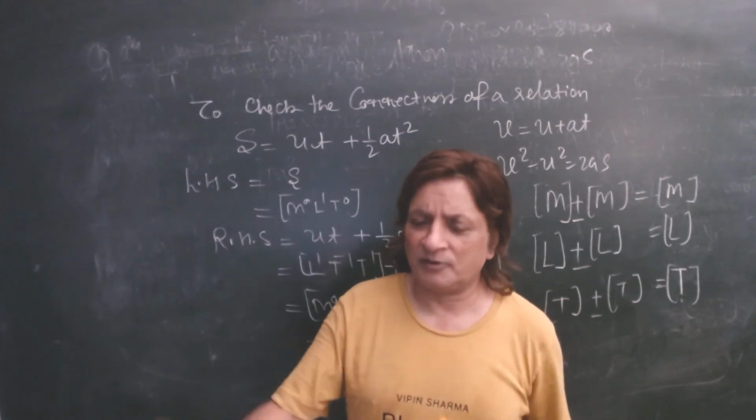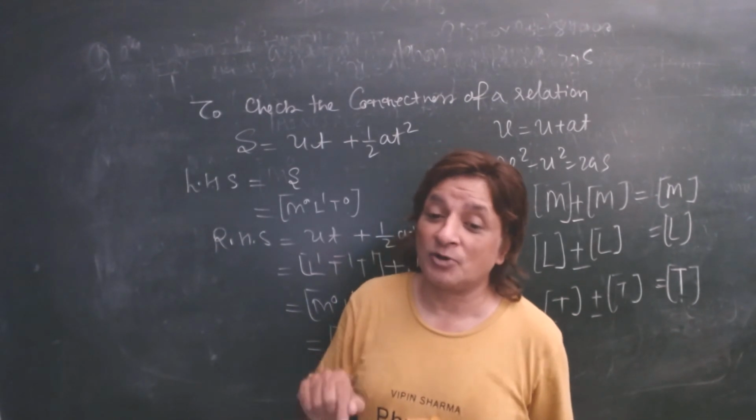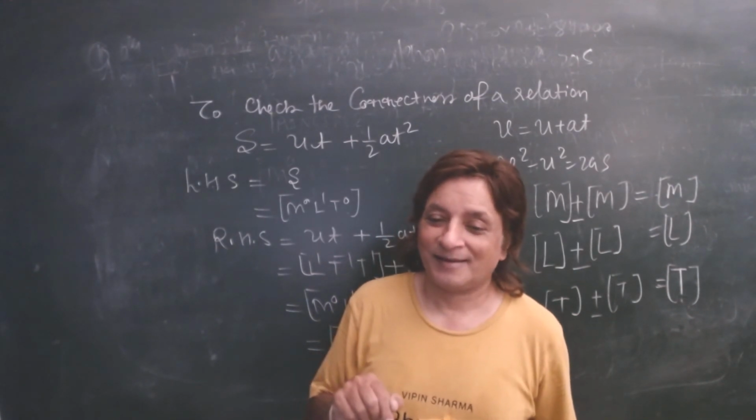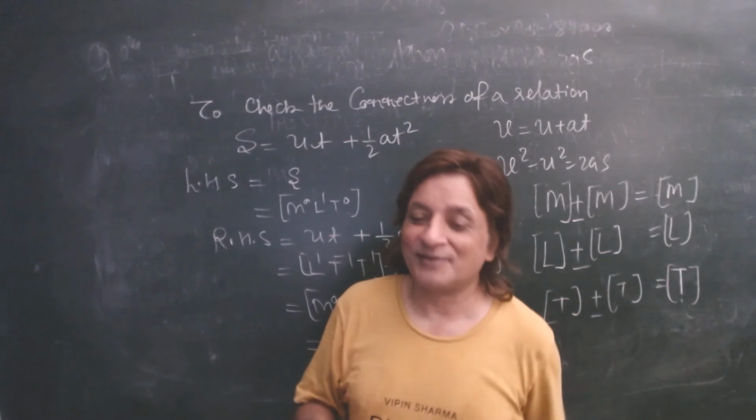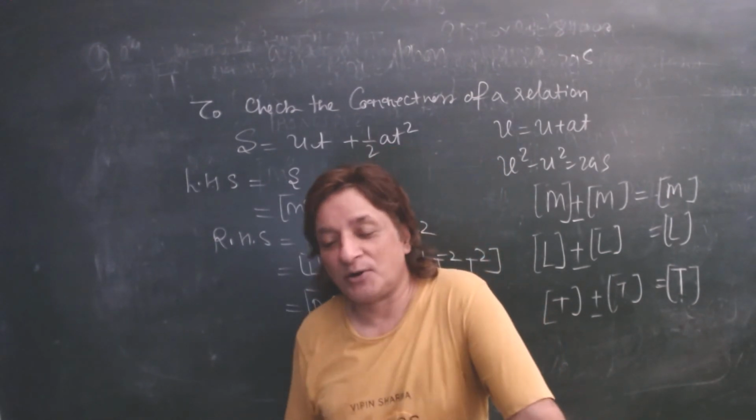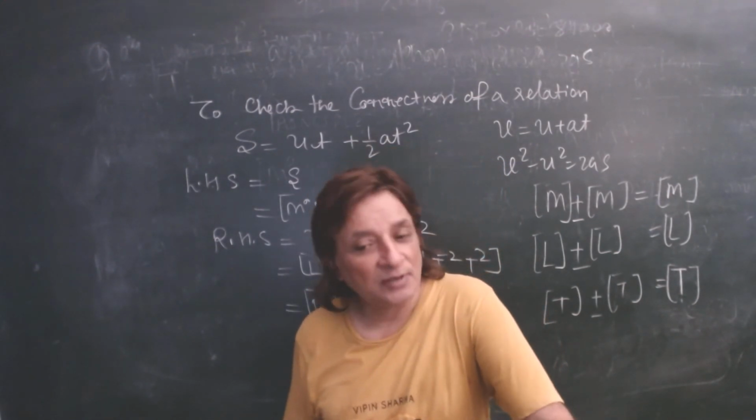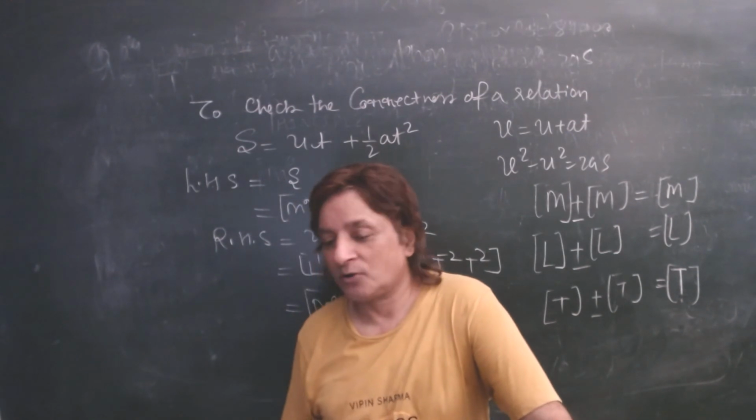In the progress of the chapter, I will tell what are dimensional constants also, and what are dimensionless constants. So all numbers like 1, 2, 3, 4, 5, 6, 7, 8, 9, 10, these are all called dimensionless constants.